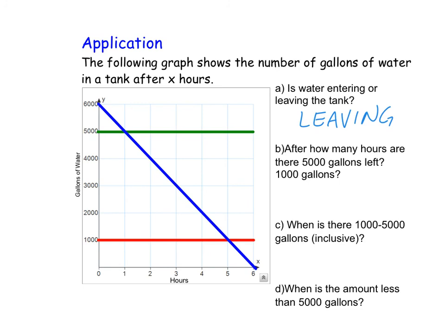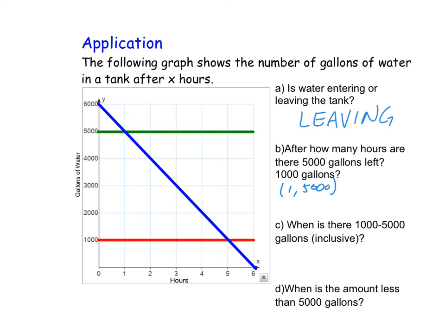After how many hours are there 5,000 gallons left? That's what these other lines here are. You can see that, so where does it cross that level of 5,000 gallons? That's when x is equal to 1. Okay. So 5,000 gallons at 1 hour. So if we thought about it as a point, that would be (1, 5,000).